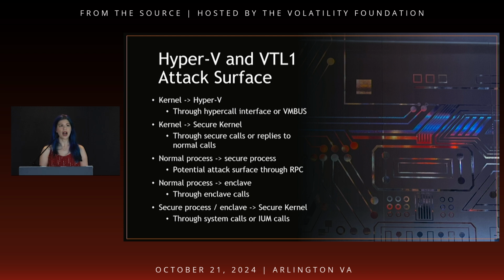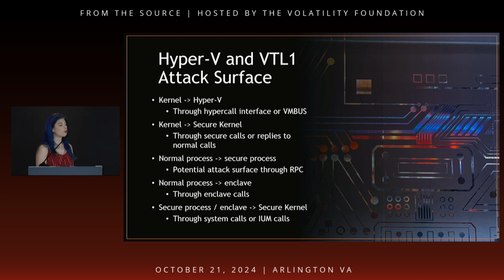There are about 150 of them right now that operate kind of similar to system calls, and vulnerabilities in those can also potentially compromise the secure kernel. And there is also a reverse mechanism. Because the secure kernel can't really do everything on its own, it doesn't have a full memory manager or scheduler, for example, it needs to ask the normal kernel for a lot of things.